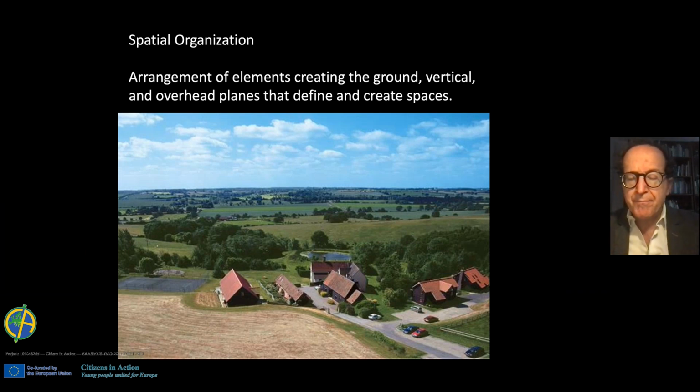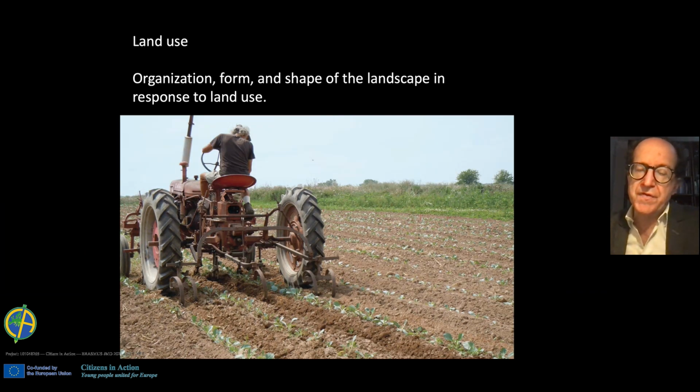So this is one basic element. Then there is the land use, the organization, the form, the use of landscape provides shape, form that is really easy to recognize. So we see that the use of landscape provides, in this case, these rows, these lines with plants that can shape the landscape in a very evident way.